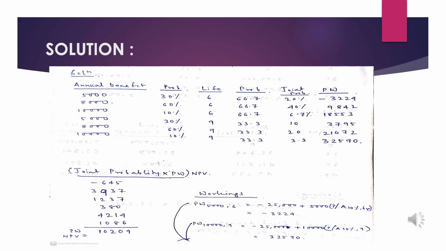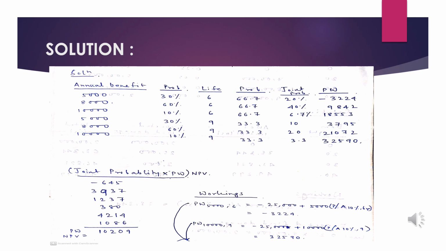Now coming back to the second part of the annual benefit, here we have to be very careful in understanding that the years are changing. So when we calculate in our workings the present value of 5,000, 8,000 and 10,000 for the second time, this time around we need to calculate the present worth based on the years being 9.